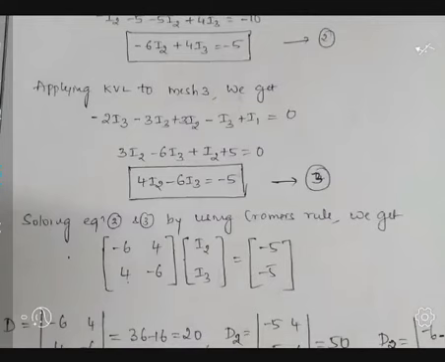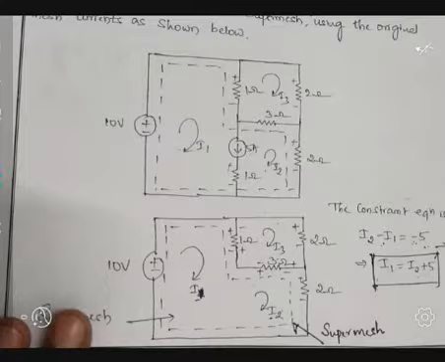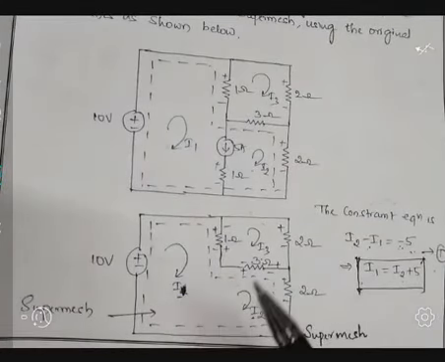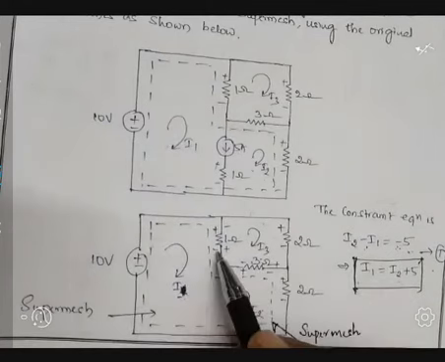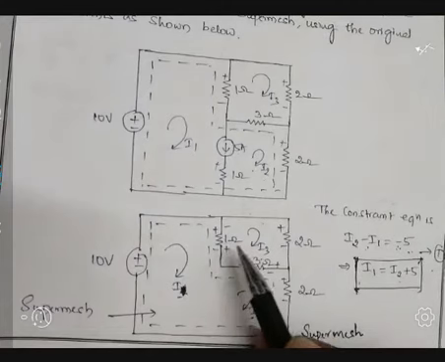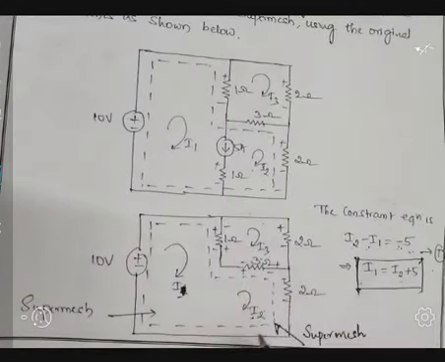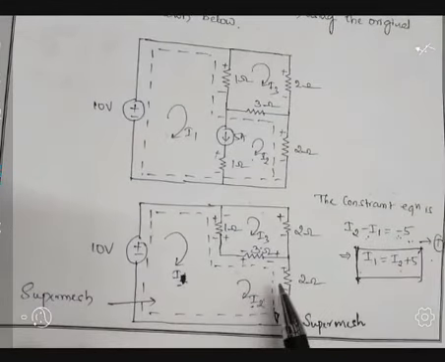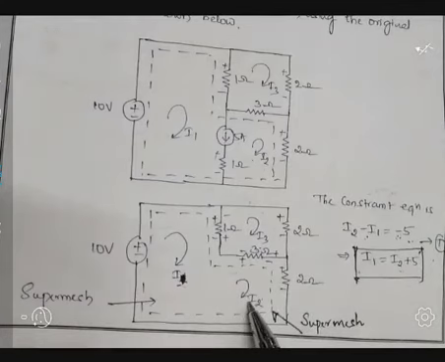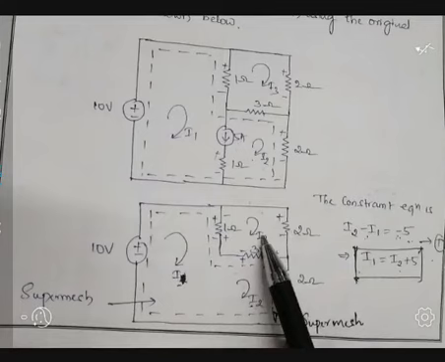Apply the KVL to the super mesh. Starting from here we can write minus I1. In the same branch one more current is flowing, plus I3, so minus I1 plus I3. Next coming to here, current I2 is flowing, minus 3 I2. In the same branch one more current is flowing, plus 3 I3.